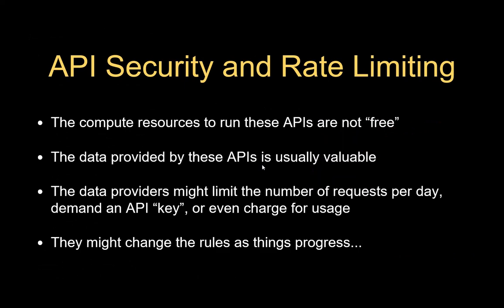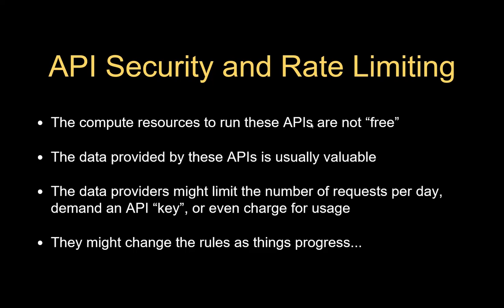Okay, now we're going to talk about API security and rate limiting. Basically, those APIs are expensive because there is information that not everybody needs, or not everybody can have access to. So some of that information is free, some of it is paid, we have to purchase it, and some of it is rate limited. Basically, we cannot exceed a certain amount of API requests per day or per certain period of time.